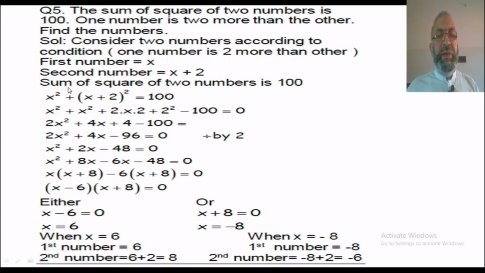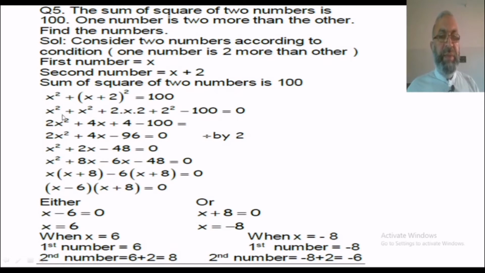Now according to the condition, the sum of the squares of two numbers is 100, meaning x square plus x plus 2 whole square is equal to 100. Expanding the square using a plus b whole square, that is x square plus 2 into x into 2 plus 2 square, minus 100 transferred to the left hand side equal to 0.